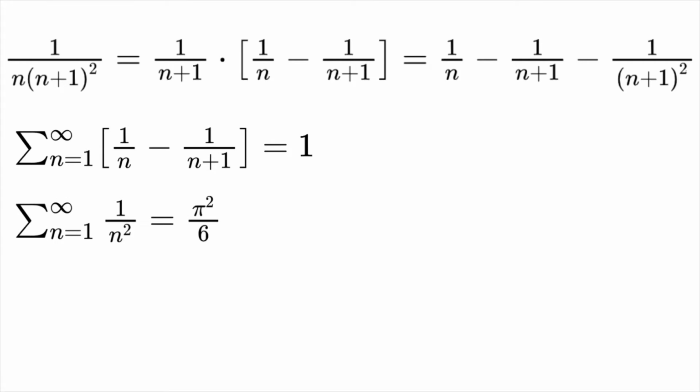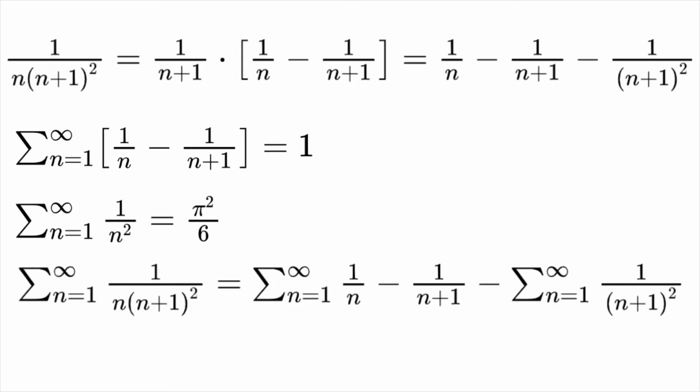And for the second part, we have to know this formula, that the summation over n equal to 1 to infinity of 1 by n square equals pi square by 6. Now if we write the summation n equal to 1 to infinity of 1 divided by n into (n plus 1) whole square, we can separate it into two known series which I have proved in the previous two lines.